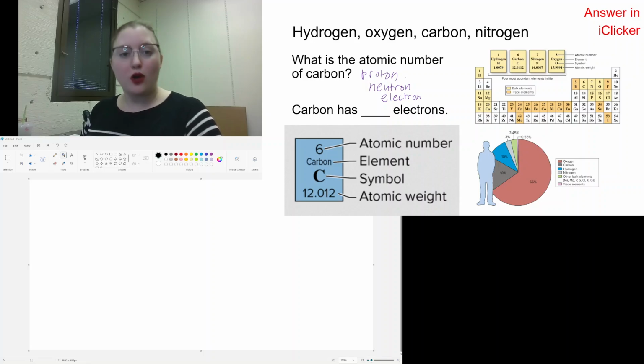So if carbon has 6 protons, how many electrons do you think we would have? Remember, our protons would equal our electrons. So carbon would have 6 electrons.